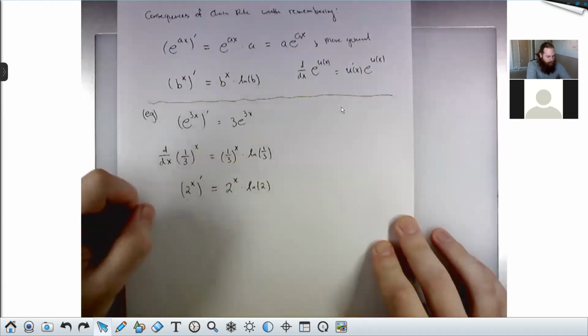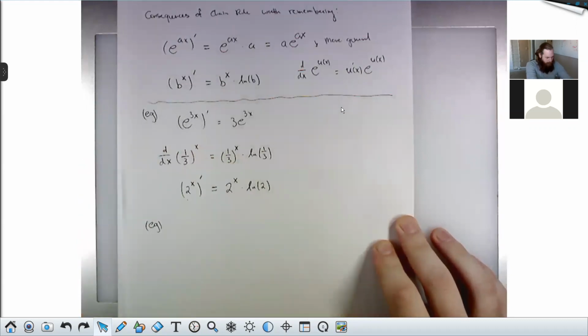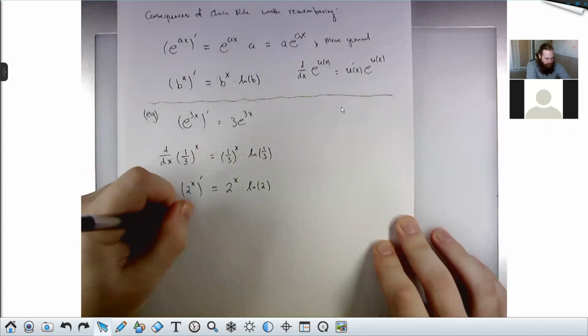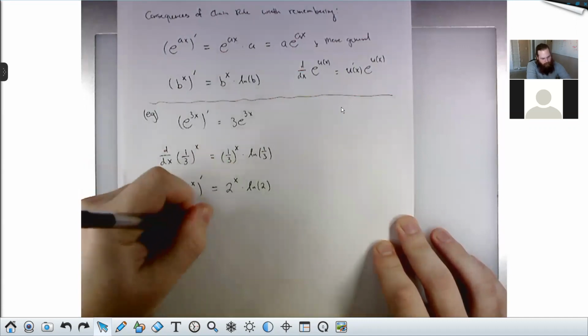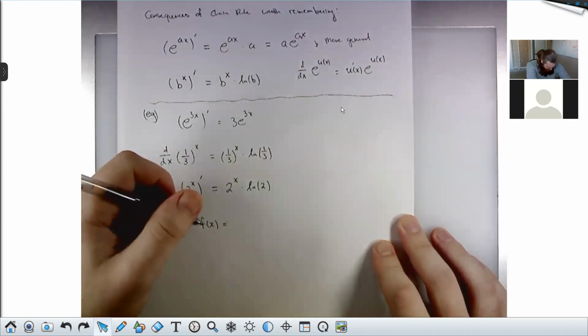So one last example. Let's make it gnarly. Let f of x be the cosine of the tangent of x, right? Oh no, sine of cosine of tangent of x.